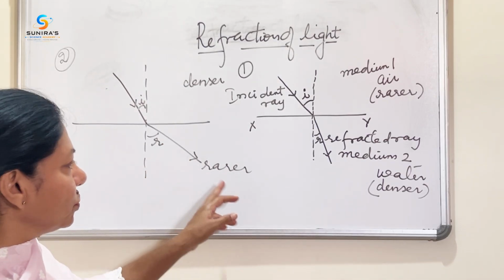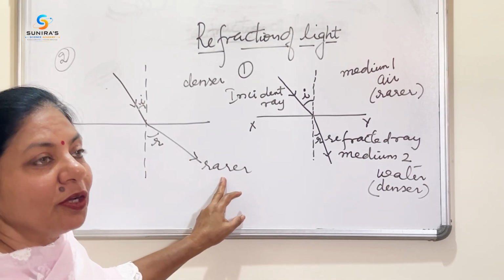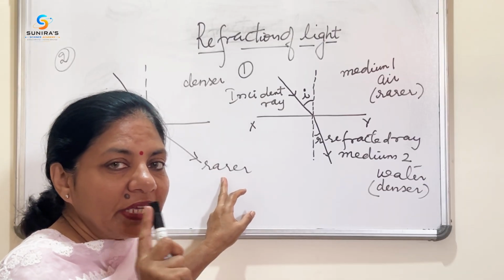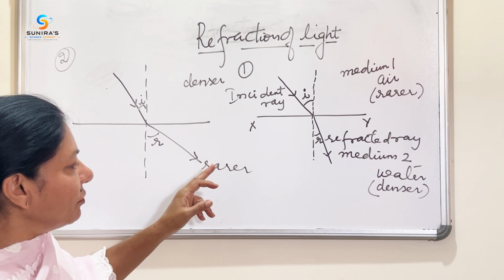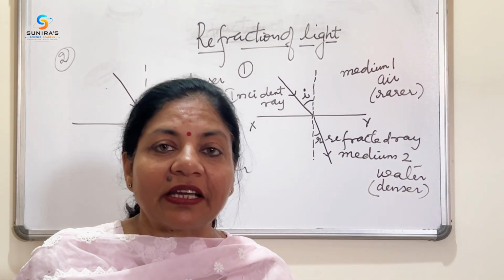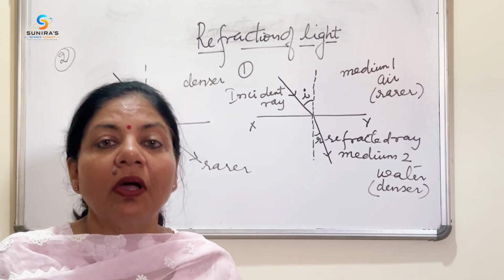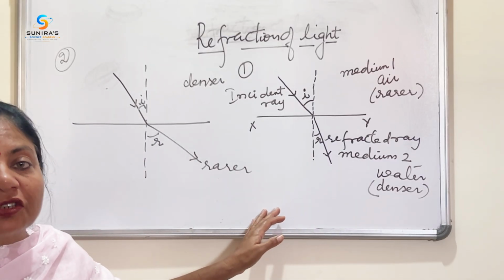Because when it comes to the rarer medium, its speed increases, so it will go away from the normal. So out of denser and rarer medium, the speed of light is less in the denser medium, and in the rarer medium the speed of light is more.